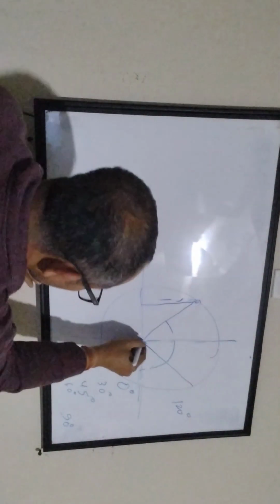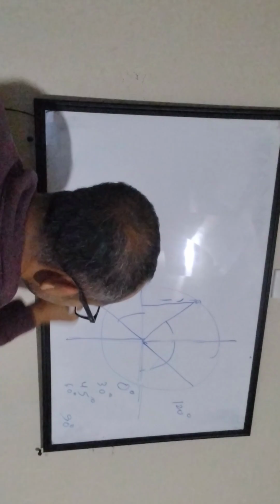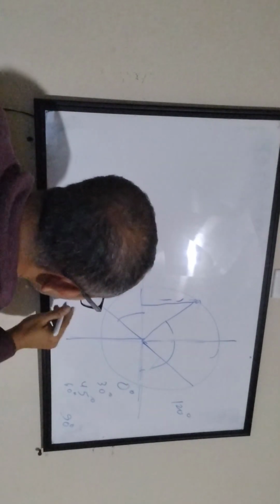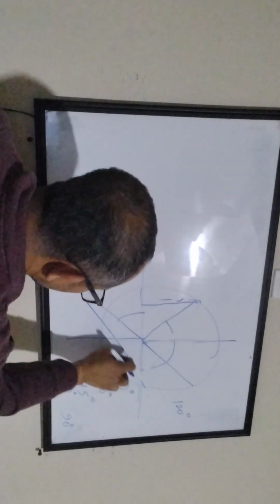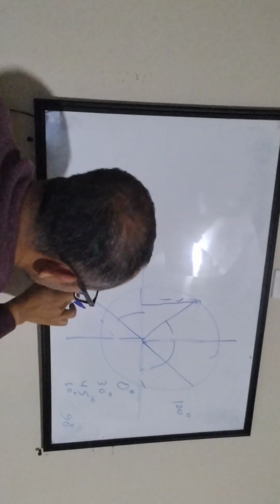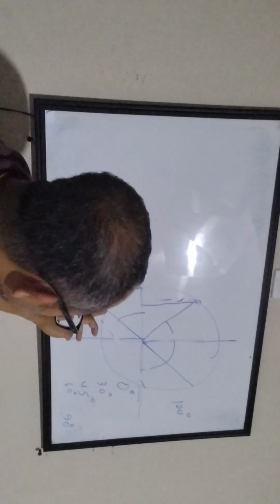Similarly, if you go to the third quadrant, if you are talking about 220 degrees or 235 degrees, then you know how you are going to visualize this. You will not try making a right angle triangle like this, because that doesn't help you with the x and y coordinate.